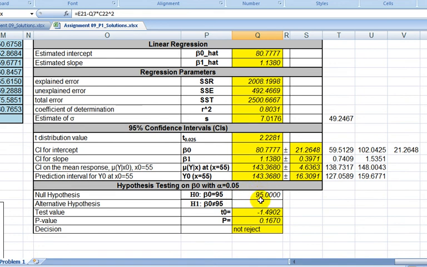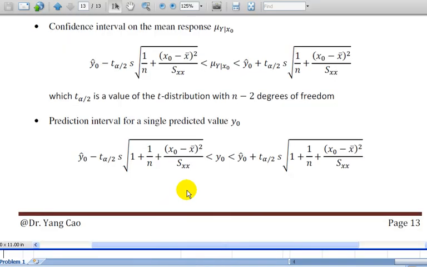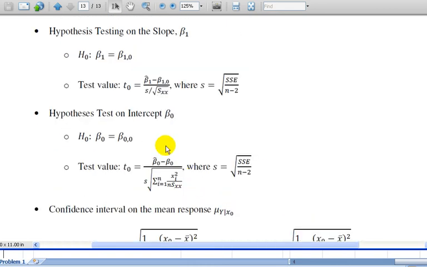But if you go ahead and test this one here, what you need to do is calculate the test value, and then based on the test value, calculate the p-value. How the test value is calculated is based on the formula we have in the class here, for beta naught. This is the test value for beta naught.